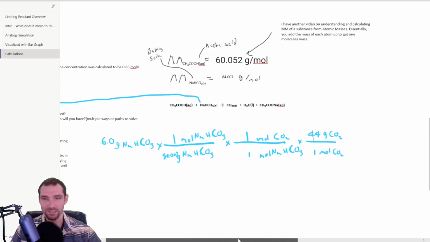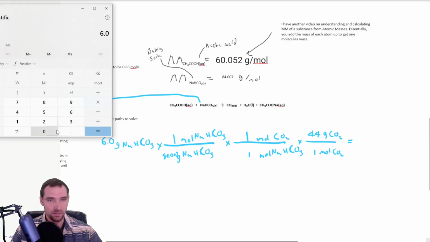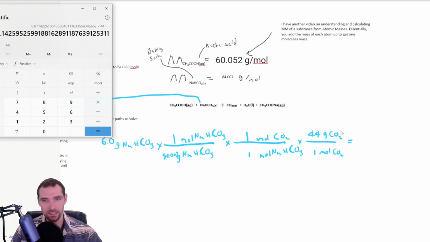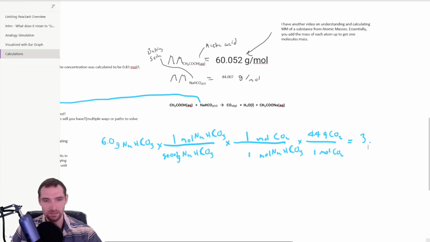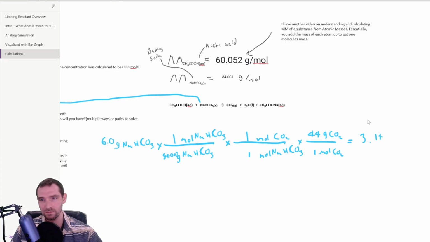Probably should be a little bit more precise, but given that our number only has 2 sig figs, it's not a big deal to be a little bit imprecise there. So we've got 6.0 divided by 84.007, and then times 44, and we get 3.14 grams of CO2.